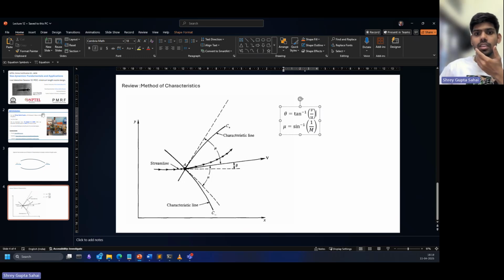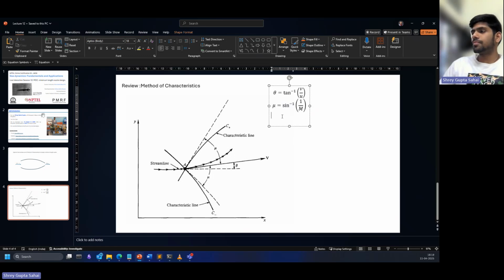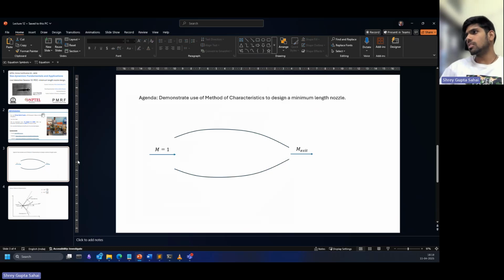This is the first result. Once the flow is supersonic, I should have mentioned supersonic nozzle, but anyways, we are discussing supersonic nozzles.